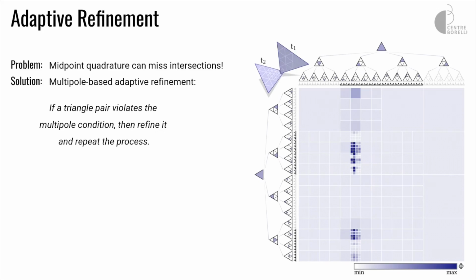For this, you use the same multipole condition from before. You can relax it a bit, because we just wanted it to blow up if they're infinitely close. But yes, you do this and repeat the process.